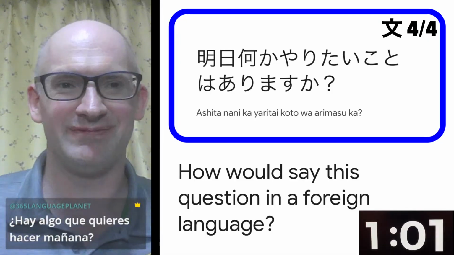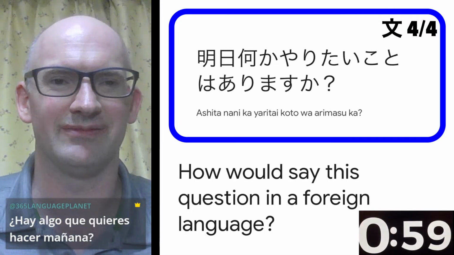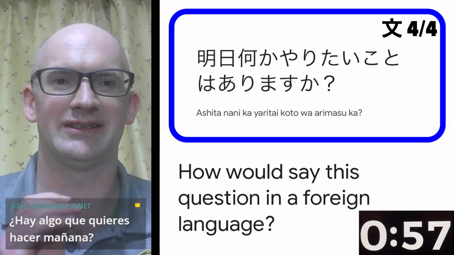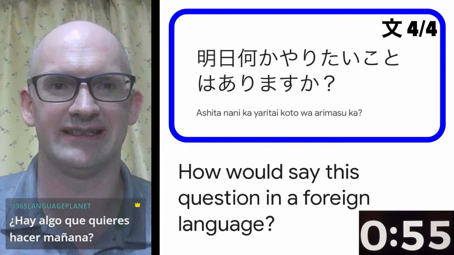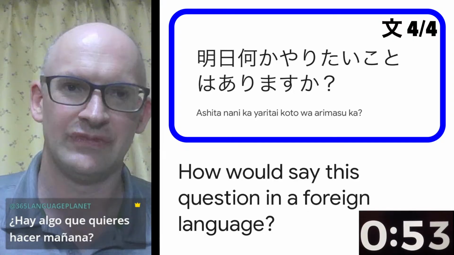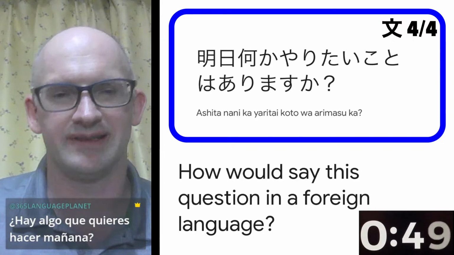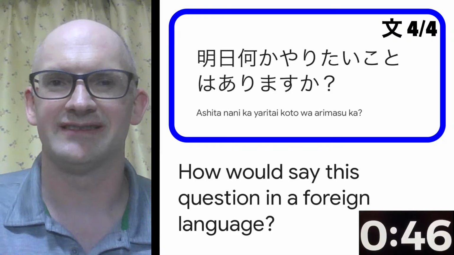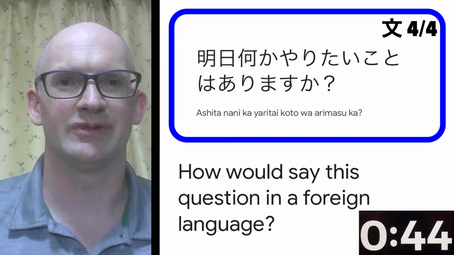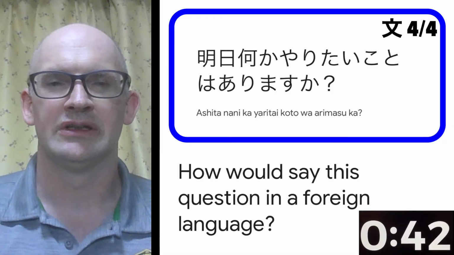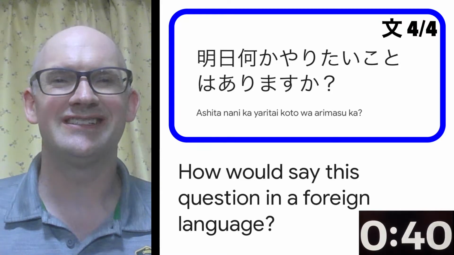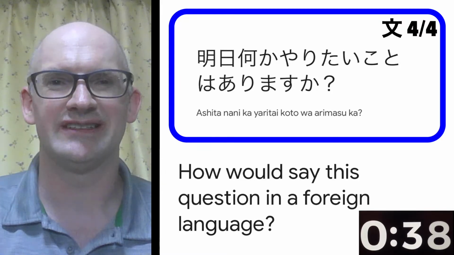That's what I would say in Spanish. I could say, hay algo que te gustaría hacer mañana. But in Spanish, you can say quieres or te gustaría, like English, like using want or would you like. How about you? How would you say this question in a foreign language?